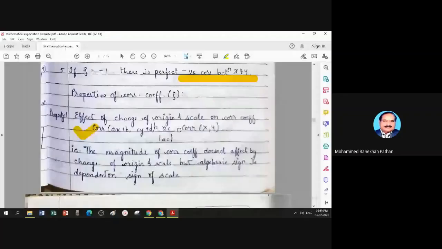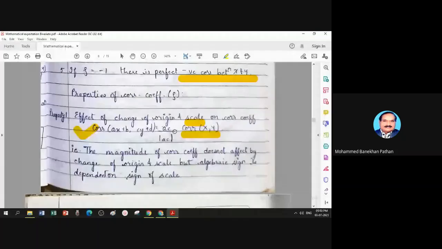So what the statement says, correlation is not affected numerically by origin and scale. The magnitude of correlation is the same, but the sign will be affected by the sign of scale.